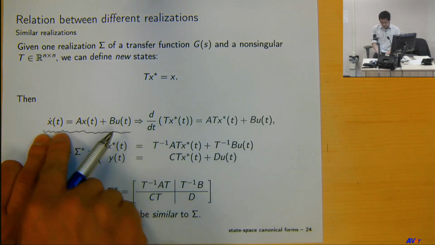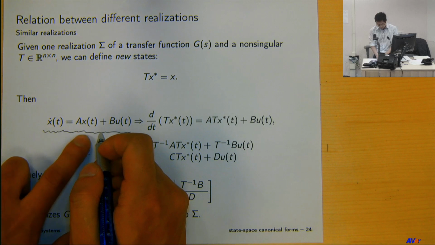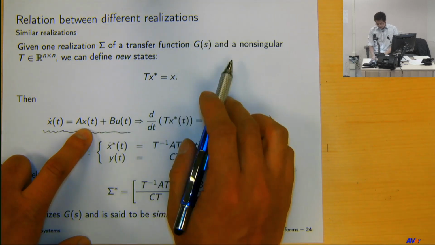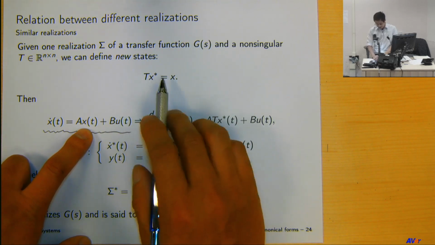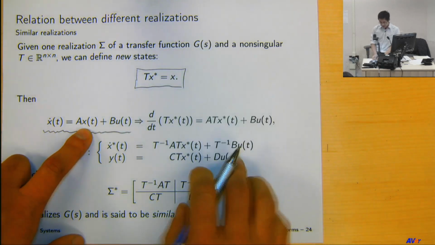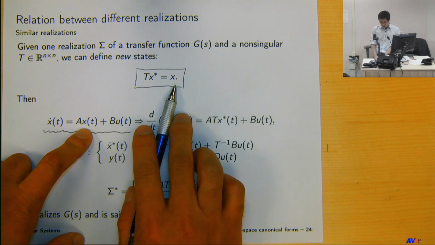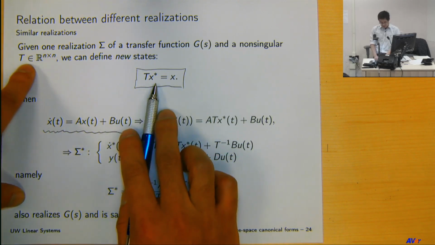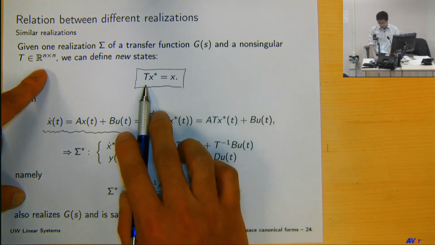The state under this realization is x. We can choose a new set of states, defined by this matrix T. So I'm defining a new state, x star, as follows: x is equal to T times x star, and T is invertible, a non-singular matrix.